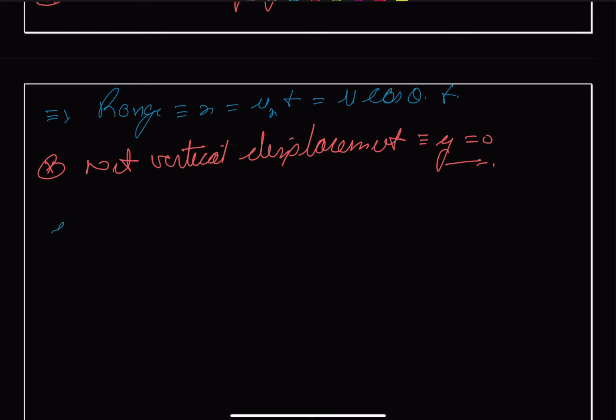We can say y is equal to u of y times t plus half a t square, and this will be equal to 0. We substitute the value of u of y as well as our acceleration, and this gives us u of y as u sine theta multiplied by t, and let me write.